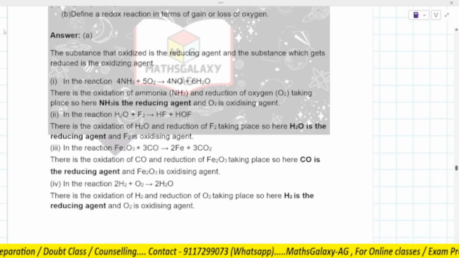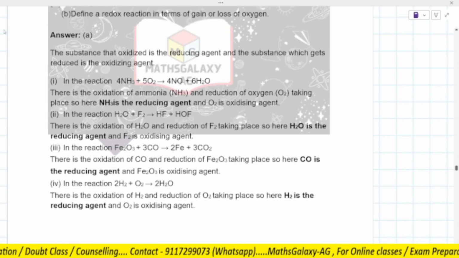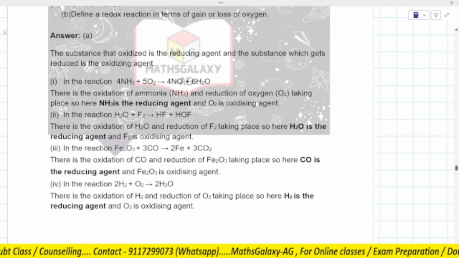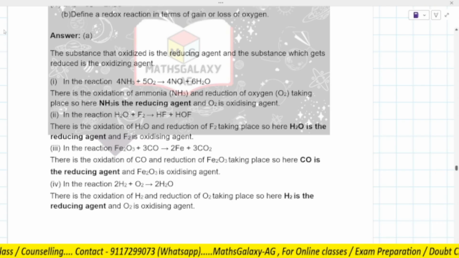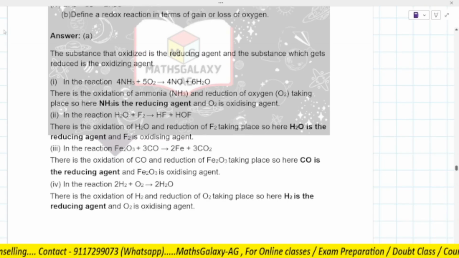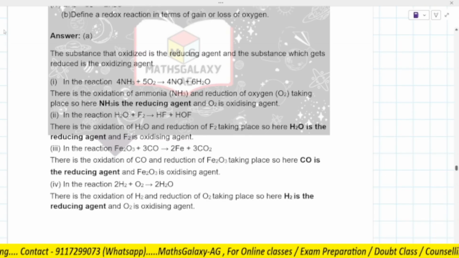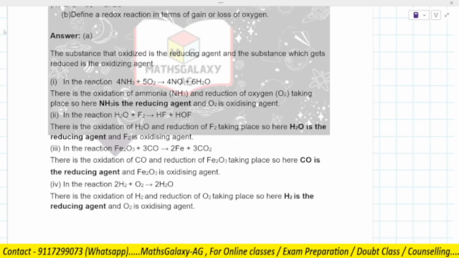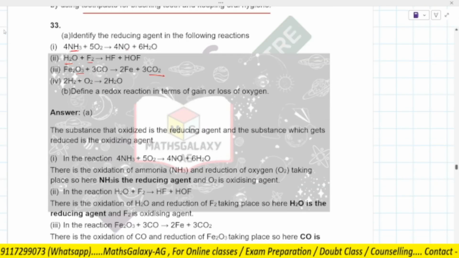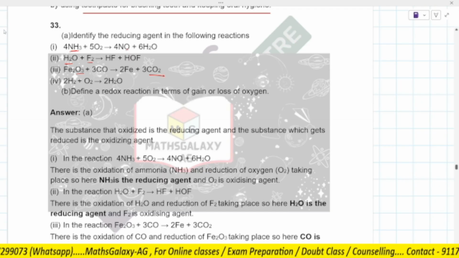In the reaction Fe2O3 plus 3CO gives 2Fe plus 3CO2, there is an oxidation of CO and reduction of Fe2O3 taking place. So here CO is the reducing agent and Fe2O3 is the oxidizing agent. Is it clear?